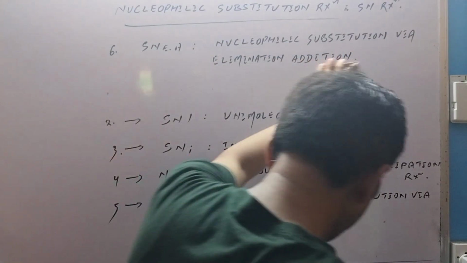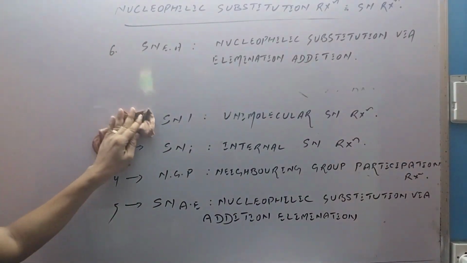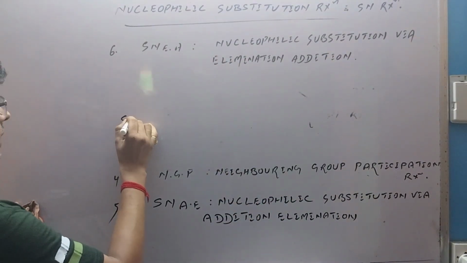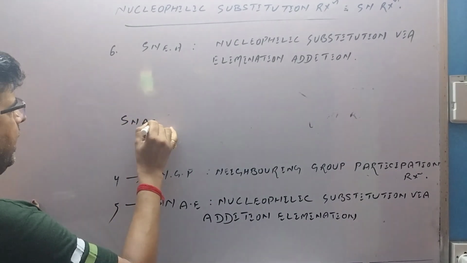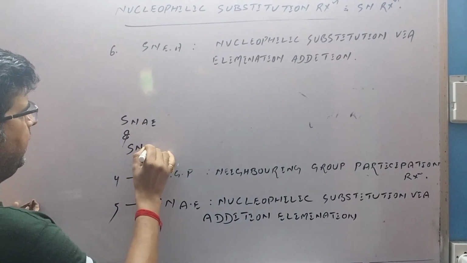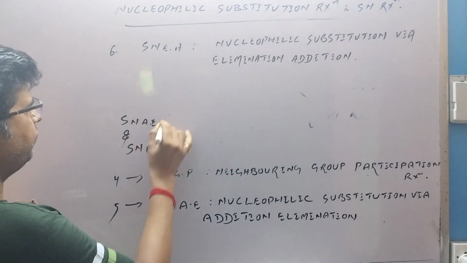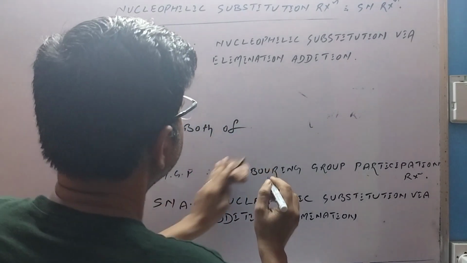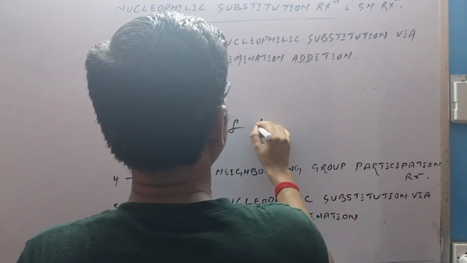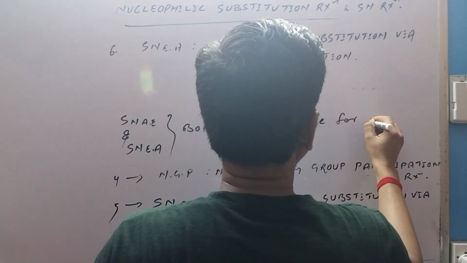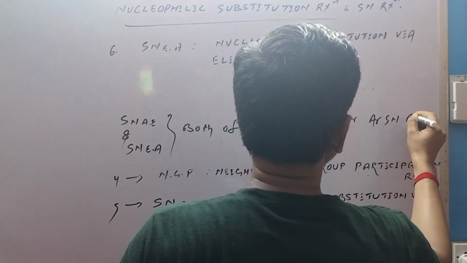See, fifth and sixth are SNAr and SNEA (SN-ANRORC style classification). Both of these are for ARSN reaction.